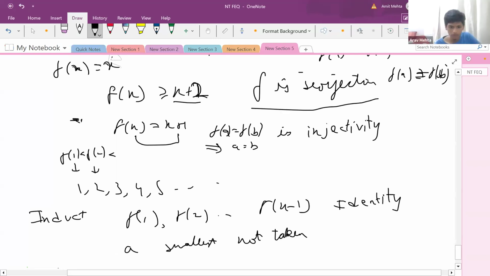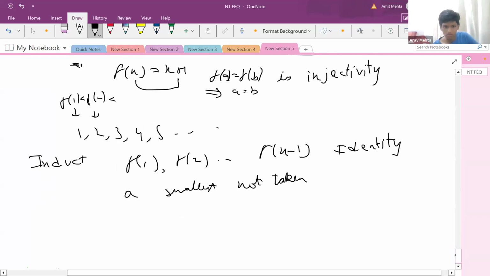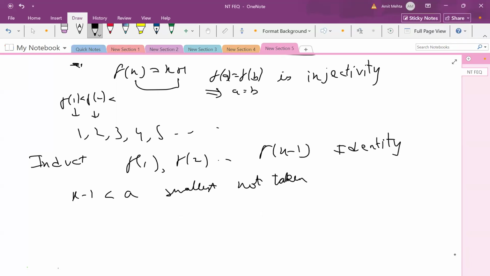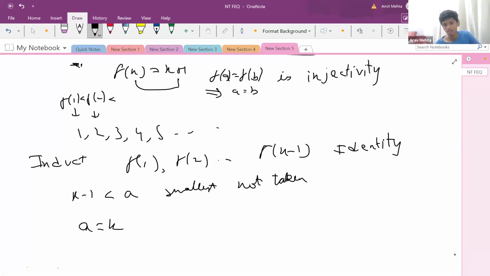Now a is clearly greater than k minus one. In fact, a has to be k, because then a minus 1 has to be k.